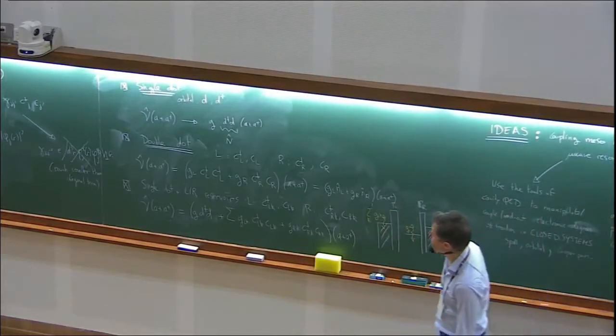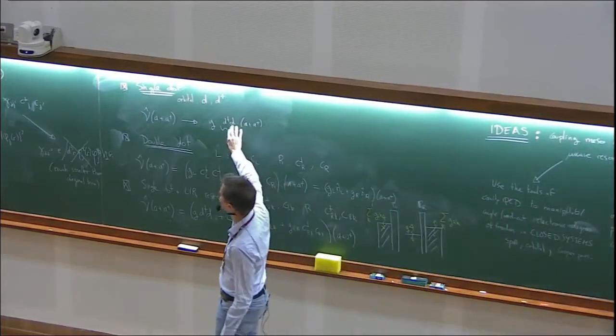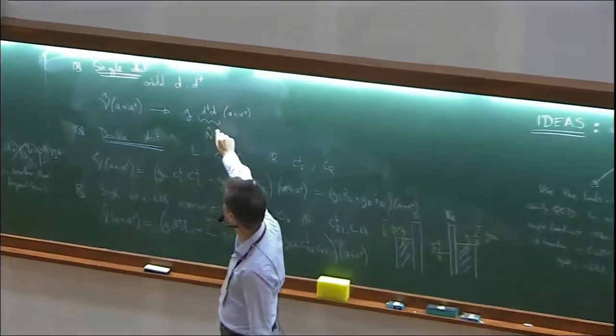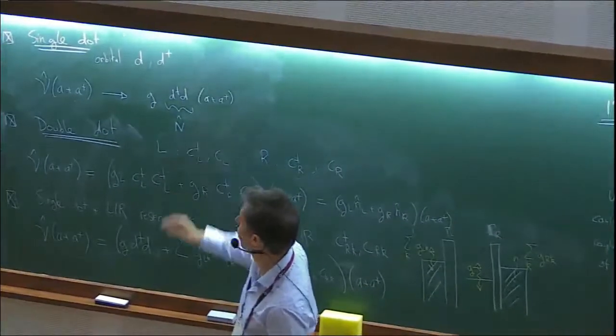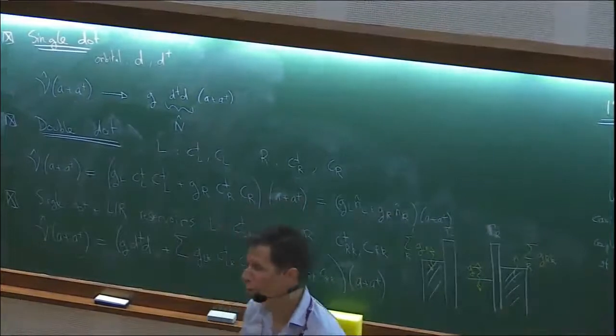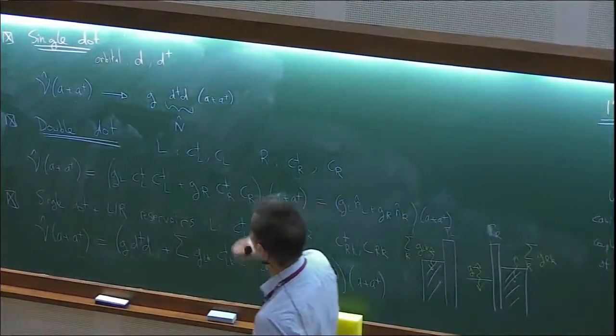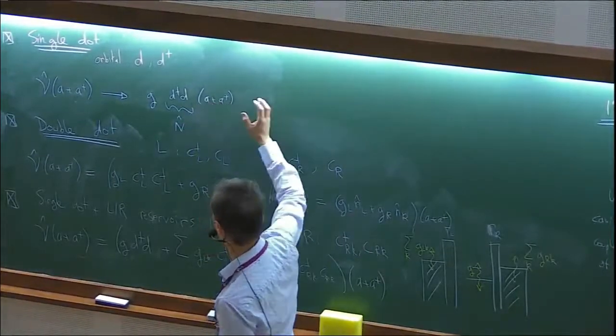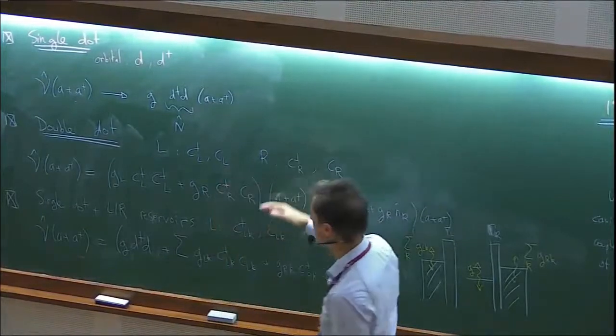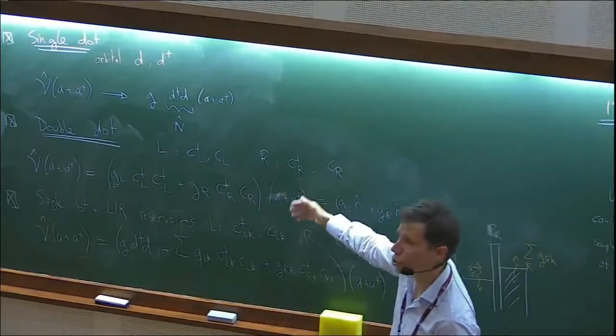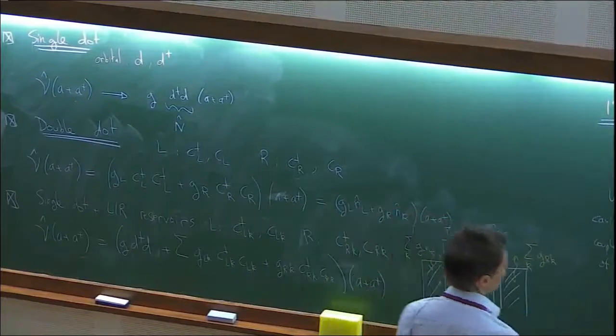For superconducting circuits you have only this term, with n being the number of Cooper pairs in the superconducting island, and only this term plays a role. Now we have a whole wealth of other coupling terms to the electromagnetic field, which can be interesting.